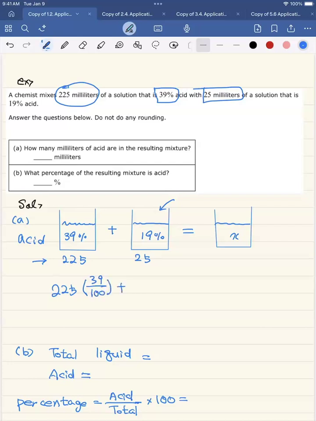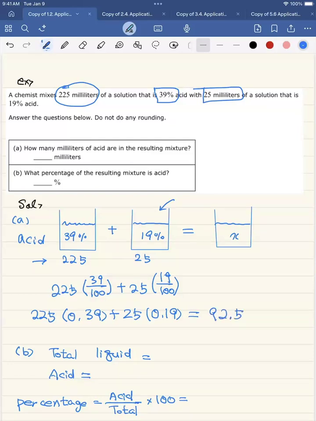In the second cup, the acid amount is 25 times 19 over 100. Then that is 225 times 0.39 plus 25 times 0.19. And when we add them up, we have 92.5 milliliters.